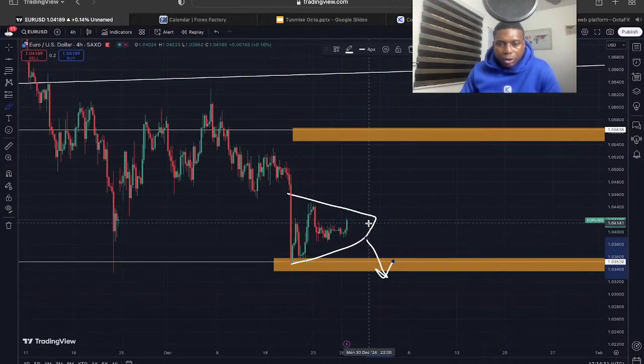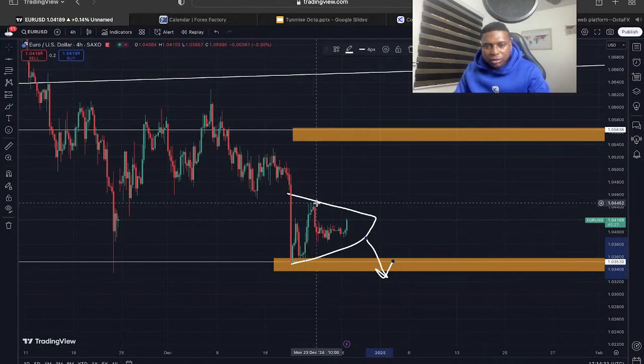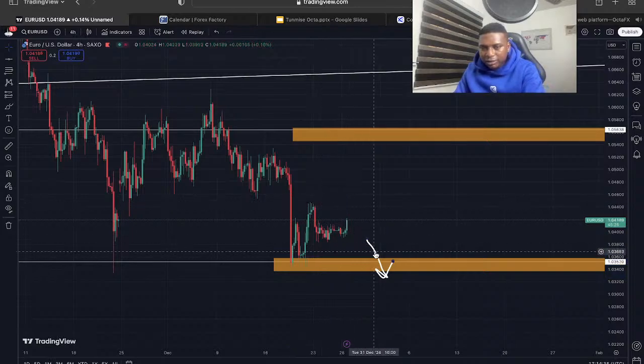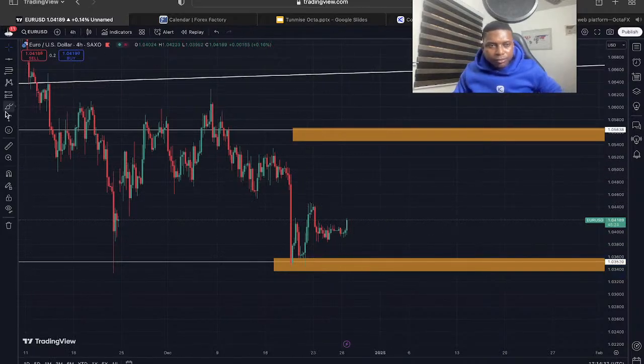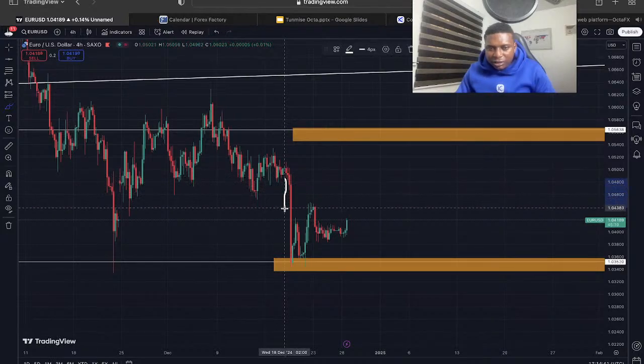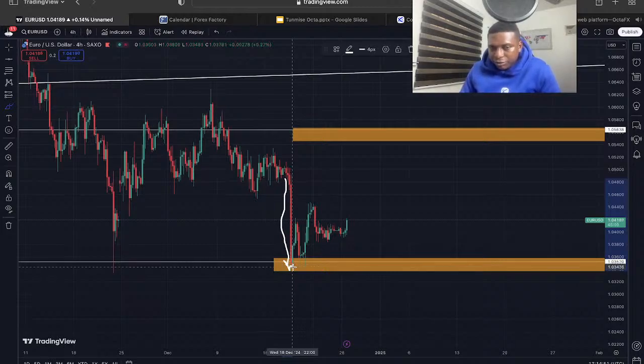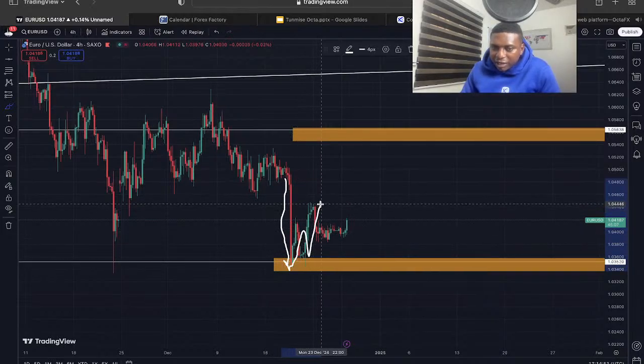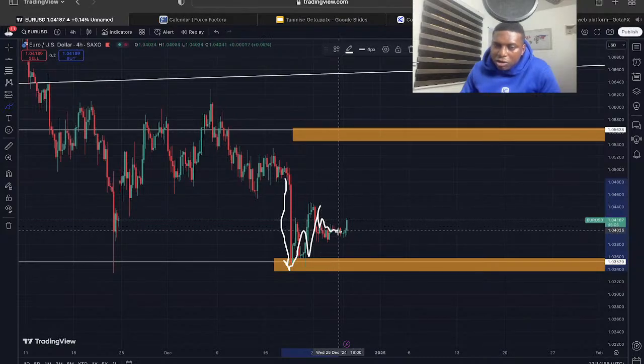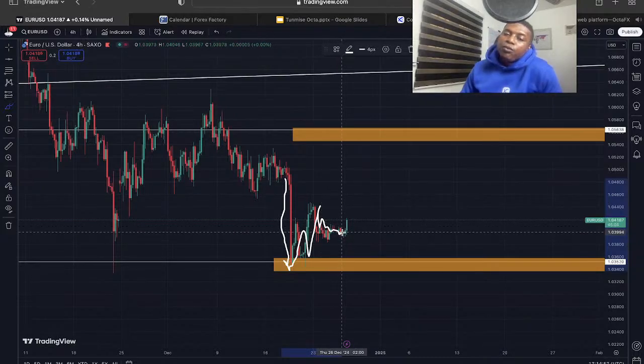Because when we look at what is happening here, we can see that price had endured a prolonged downward trend in a single day on a 4 hours time frame, and then price has now rallied and not even closed above where it opened, where there was a drawdown.